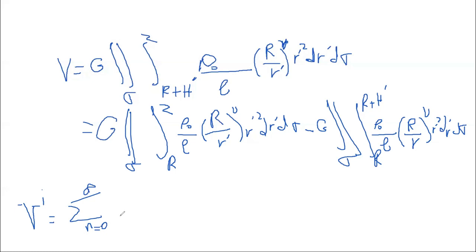Sum to infinity, r over R to the n, sum from n minus m to m, v n m, Y n m of theta and lambda.